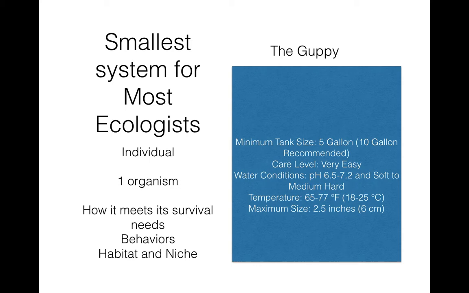It needs water conditions that include a pH between 6.5 and 7.2. The mineral amount in the water can be from soft to a little hard. It needs temperature ranges of 65 to 77 degrees Fahrenheit, and it will reach a maximum size of about 2.5 inches.